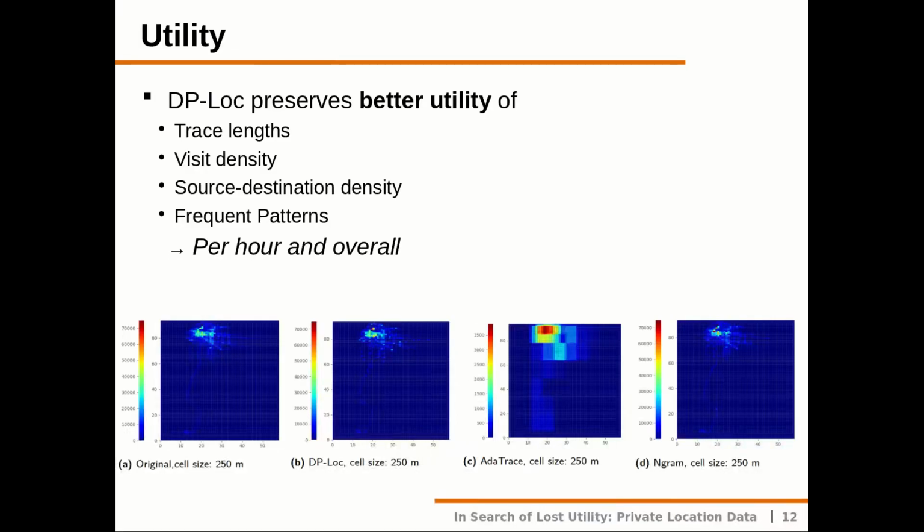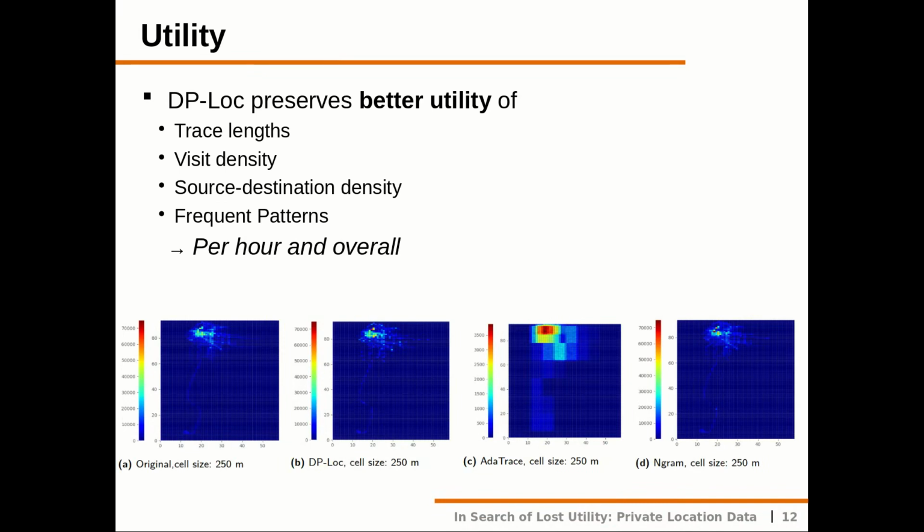Okay, so what we got in the end, we could get better utility in several metrics such as trace length, visit density, source destination density, and frequent patterns. We calculated it per hour and overall for a whole day.